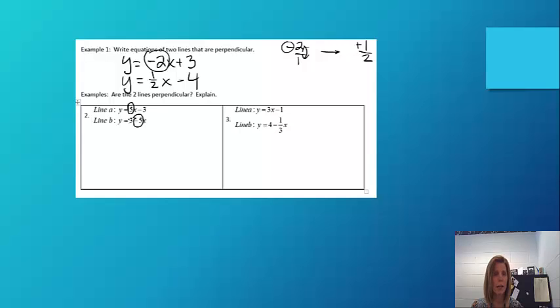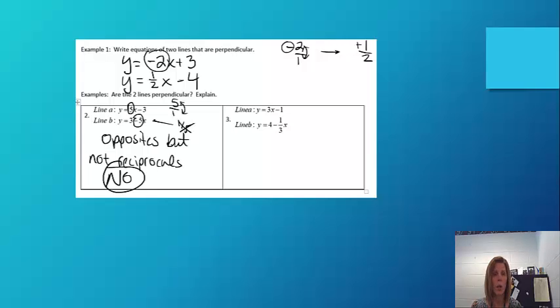All right. First of all, I do notice that they are opposites, which is great. But then I say, are they reciprocals? If this one was 5/1, the reciprocal would be 1/5, and that is not the case. So they're opposites, but not reciprocals. So when it asks, are the two lines perpendicular, we would say, no, they are not.